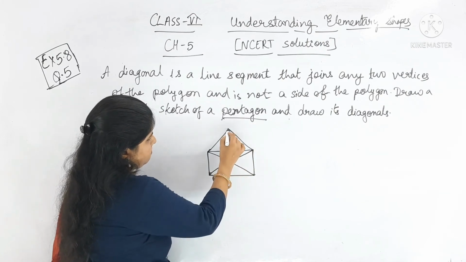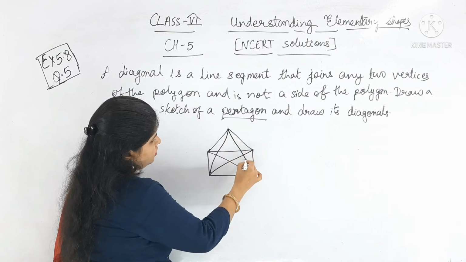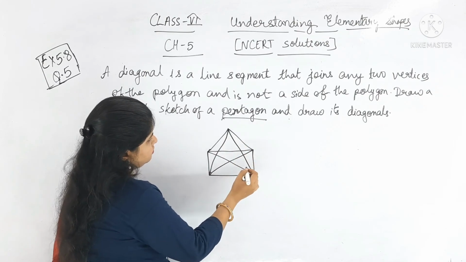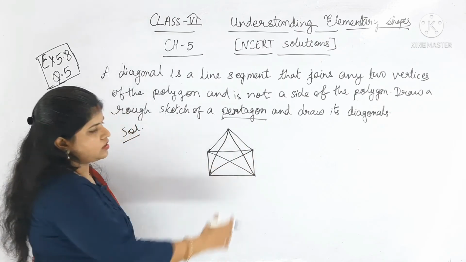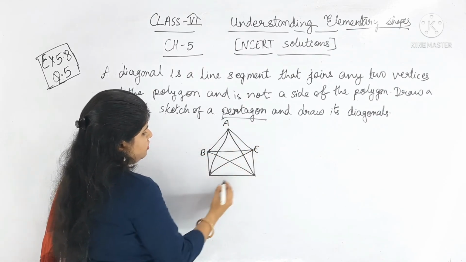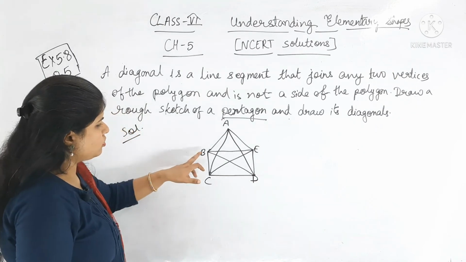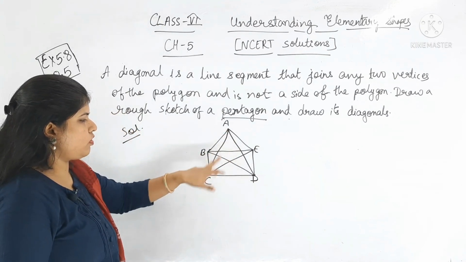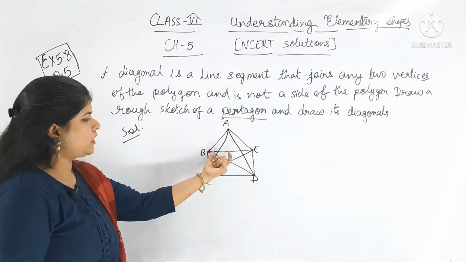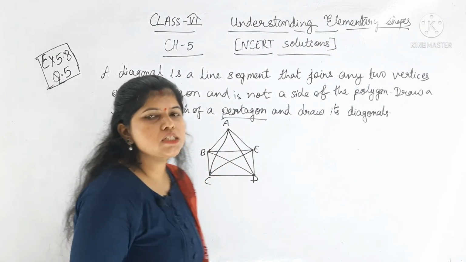Okay, now from here like this you have to join, like this you have to join. Okay, so these are the diagonals A, B, E. Like this you will name, and you have to join the 2 vertices, whatever vertices are there, those are the diagonals. Okay, so that is all about exercise 5.8.